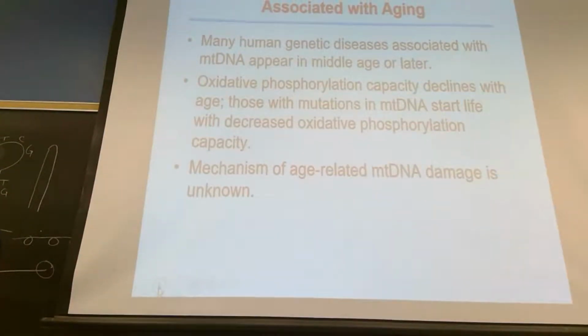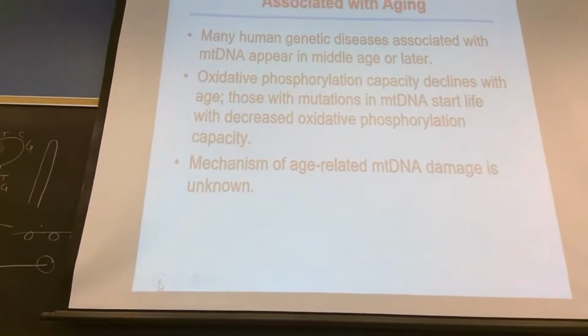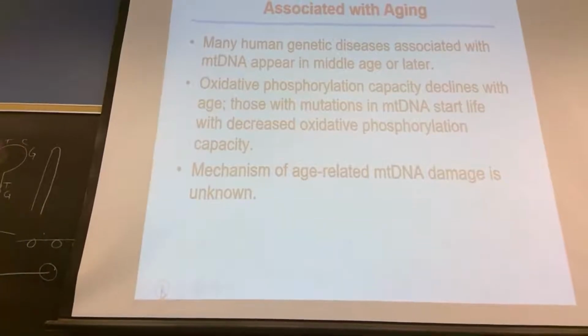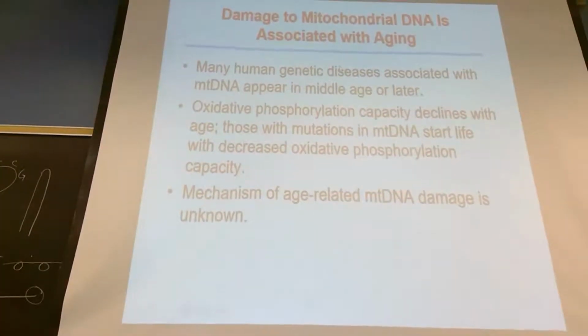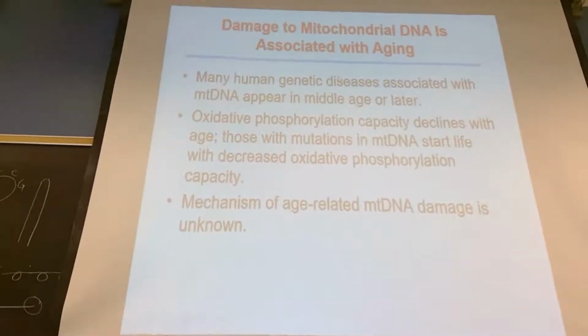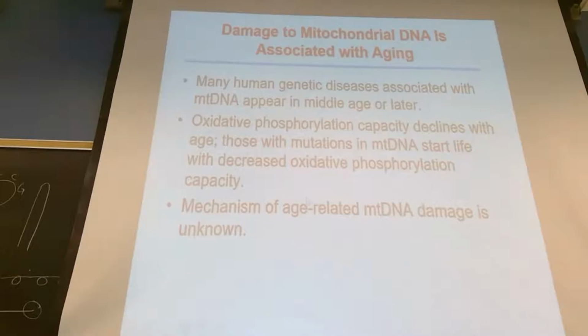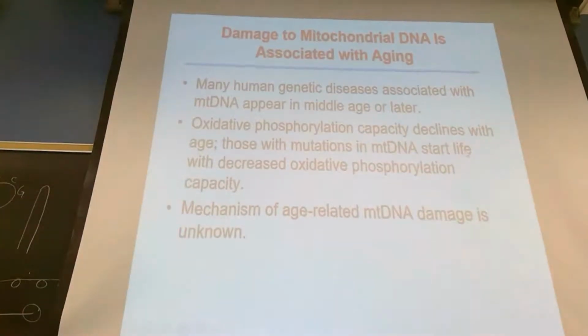Damage to mitochondrial DNA is associated with aging. So in case of aging, there is another thing. This is the most important part. Many human genetic diseases are associated with mtDNA in the middle age or later. Oxidative phosphorylation capacity declines with age. Those with mutations in mtDNA start life with decreased oxidative phosphorylation capacity.